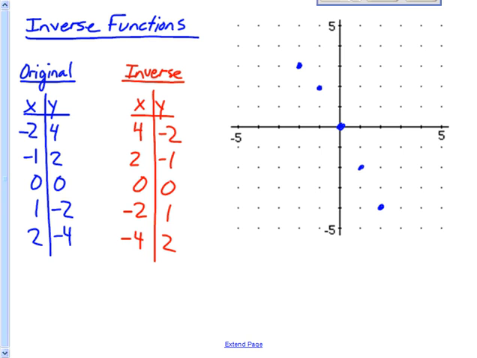Now in red, let's go (4, -2), (2, -1), (0, 0), (-2, 1), and finally (-4, 2).